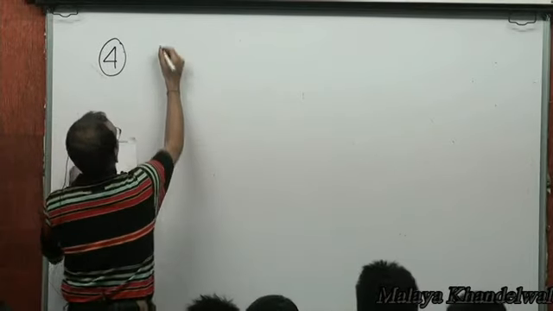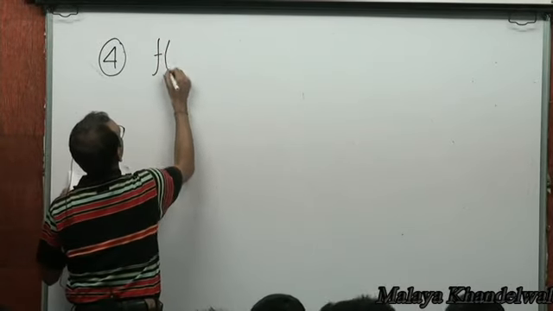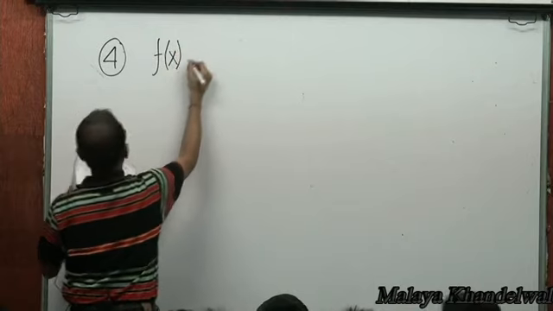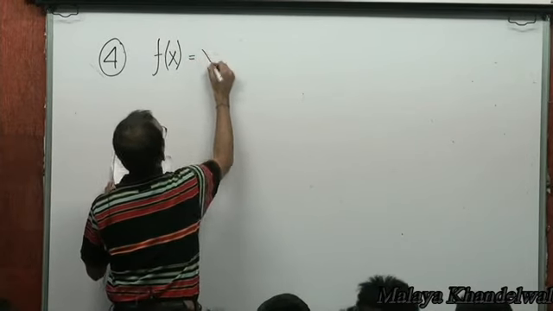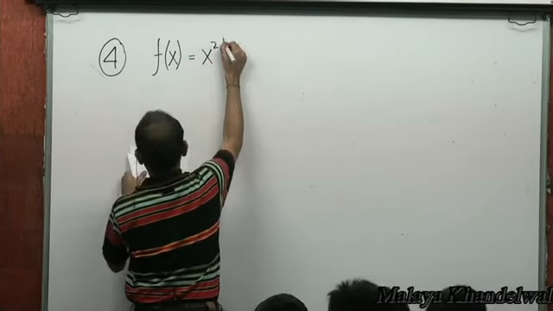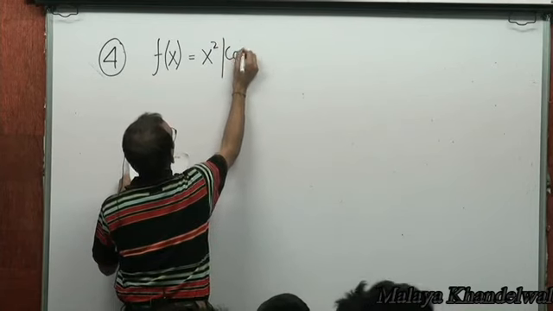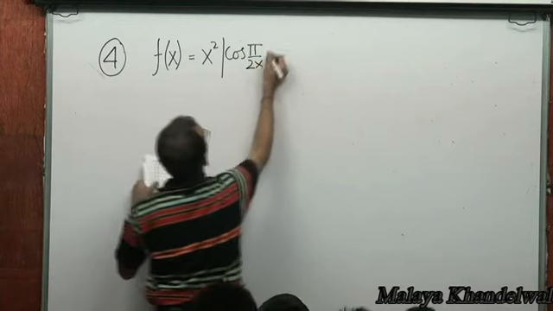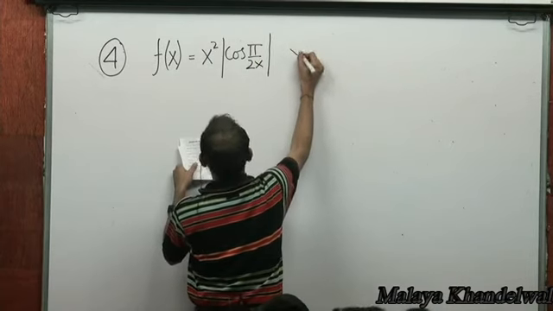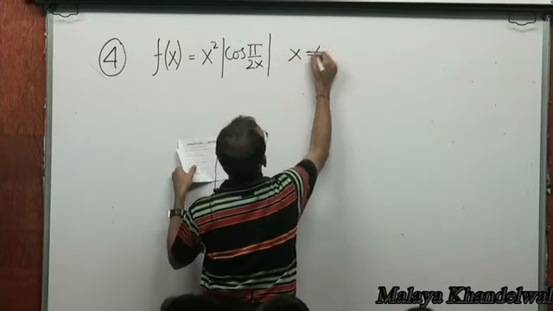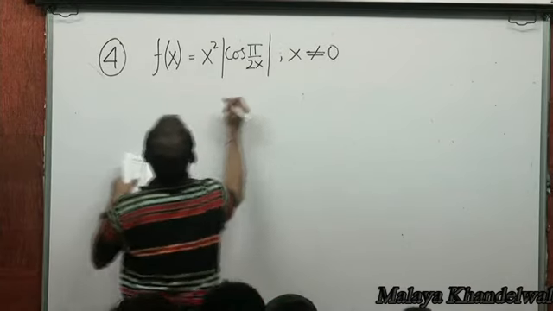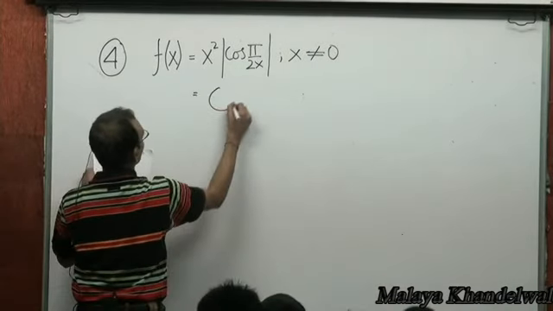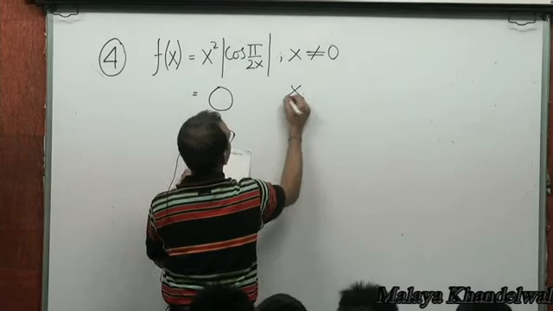We have a function f(x) defined as x squared mod cos pi by 2x when x is not 0, and is equal to 0 when x is 0.